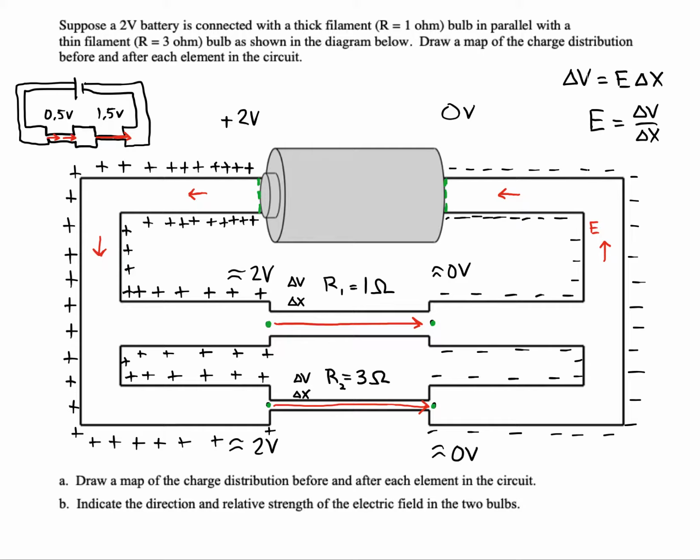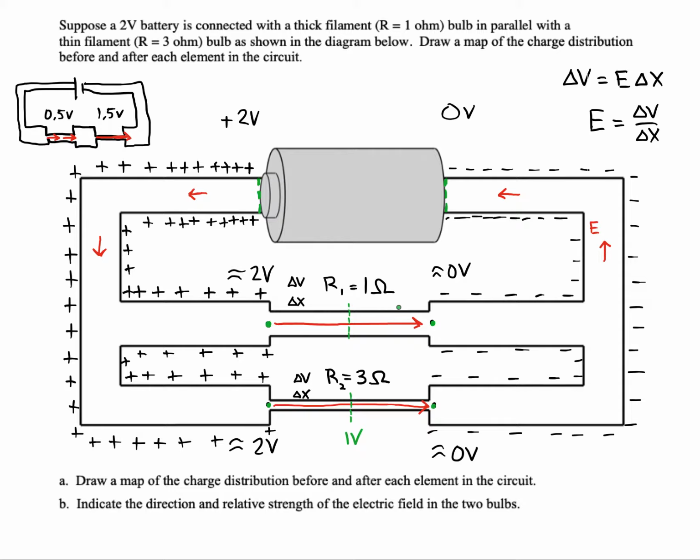Now, let's draw our equipotentials. Now, the equipotentials are based on position and field. So, since we have a nice constant field in these bulbs, that means that our equipotentials are going to be the same for both bulbs. Okay? So we're going to have the 1 volt here.